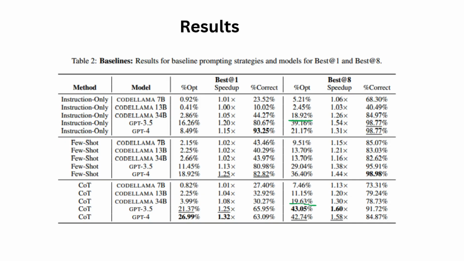The improvement is even more noticeable for GPT 3.5, where chain of thought achieves the best prompting performance with 43.05% of programs optimized, 1.60 times average speedup, and over 91% correctness. Interestingly, GPT-4 performs better than GPT 3.5 when generating a single candidate solution, but slightly underperforms GPT 3.5 when multiple samples are generated using best at 8.